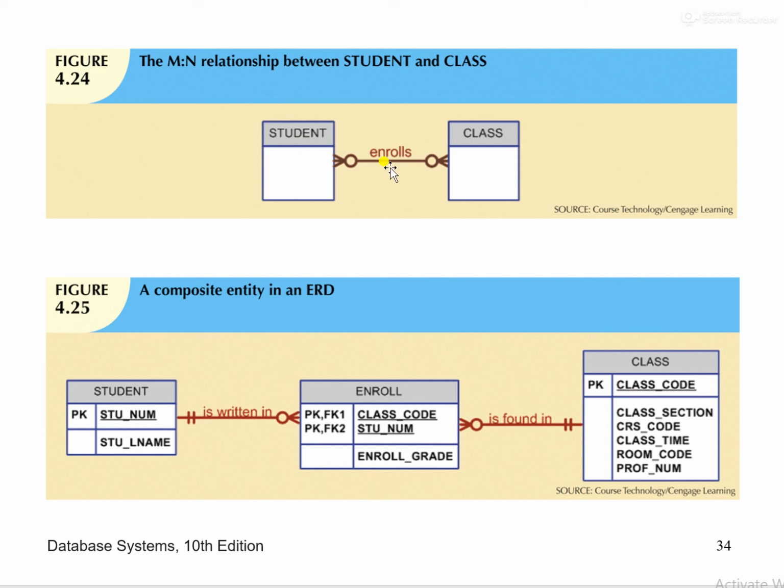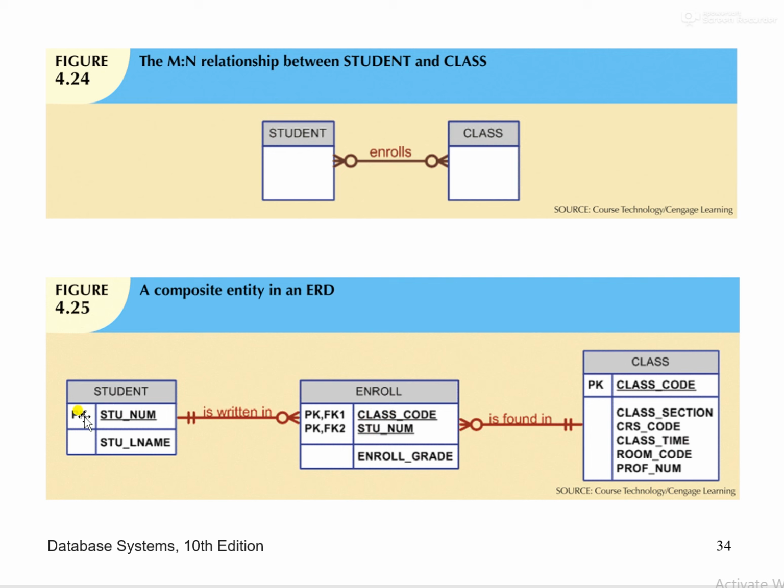So the associative entity will be this relationship between both of them, that is enroll. Now how will we implement this many to many relationship? We will create a composite, associative or bridge entity between the student and class entities, and we give it the same name as the relationship between them. Okay, enroll.